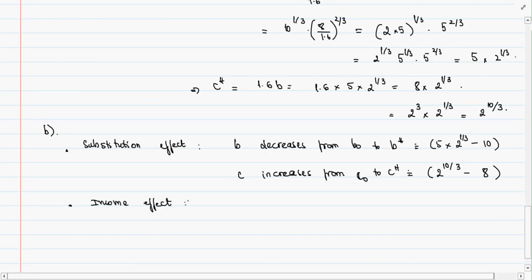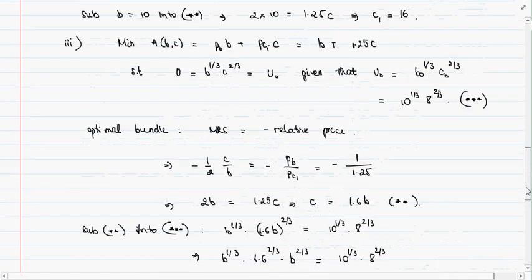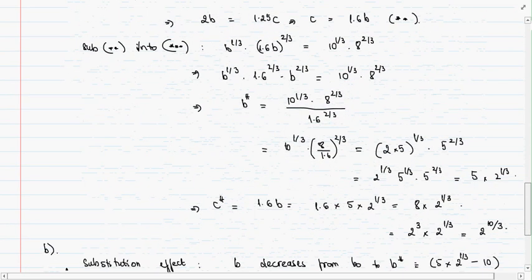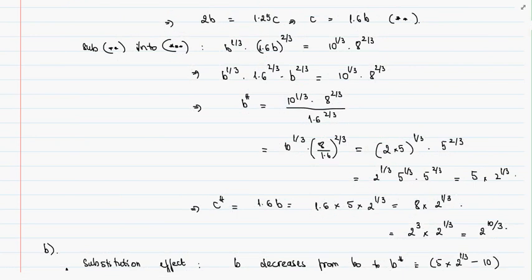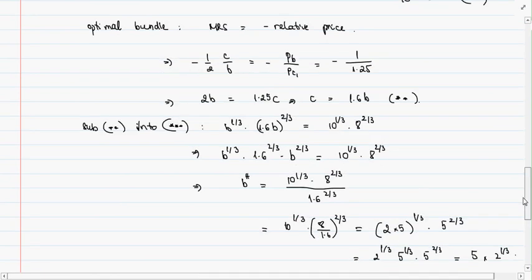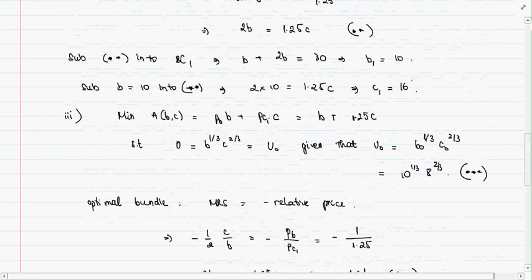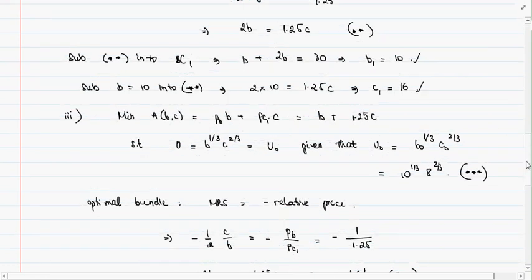Okay, how about the income effect? The income effect is just going to be the change from the Hicksian demand to the new consumption bundle B1 and C1 over here. Given that the Hicksian demand keeps utility at the original level but uses the new prices, the movement from the Hicksian demand to the new demand that we found in the previous part, B1 and C1, is just going to be the income effect.